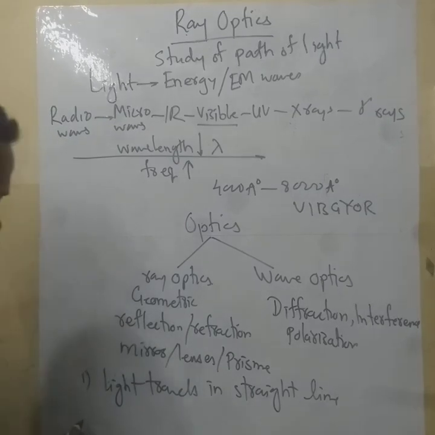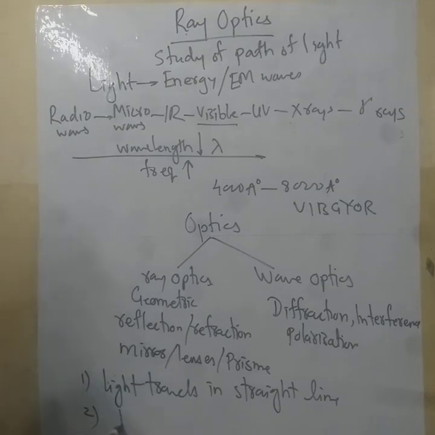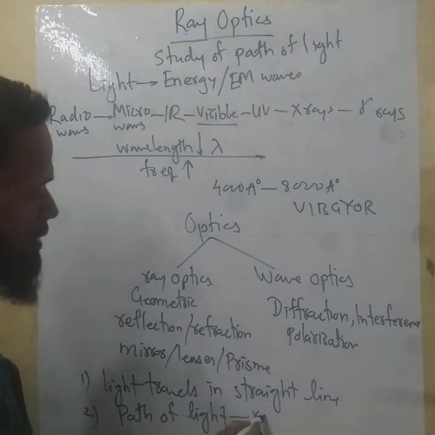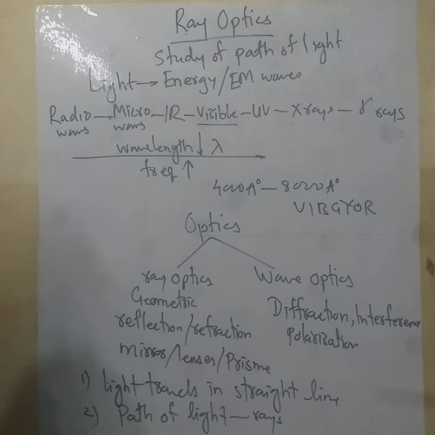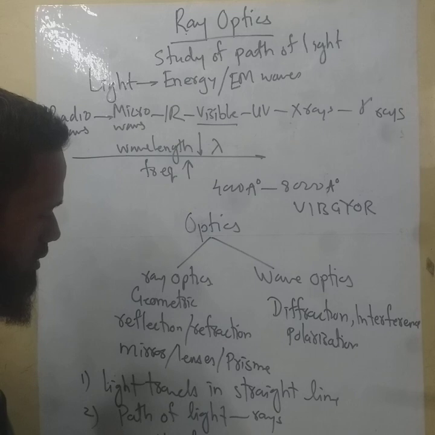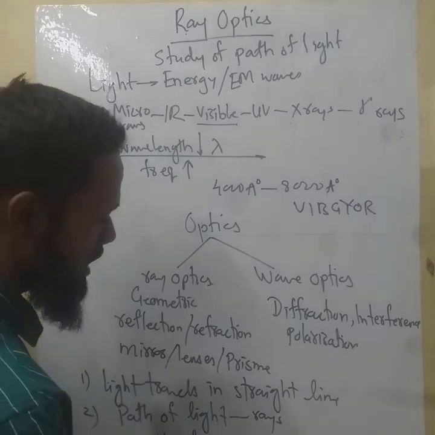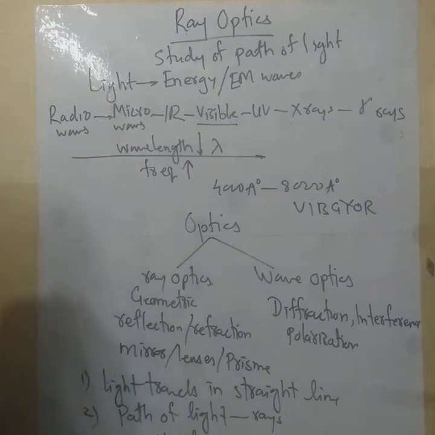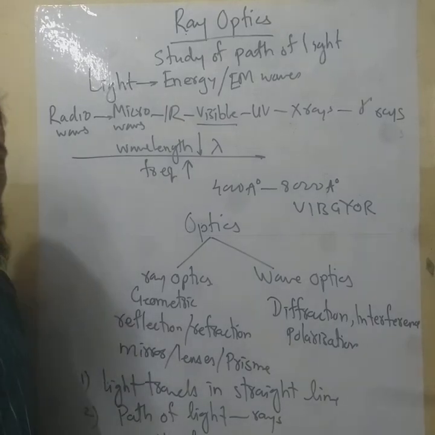Second, the path of light is termed a ray, and a number of rays, or a bundle of rays, is called a beam of light. So these points we should remember while studying ray optics.